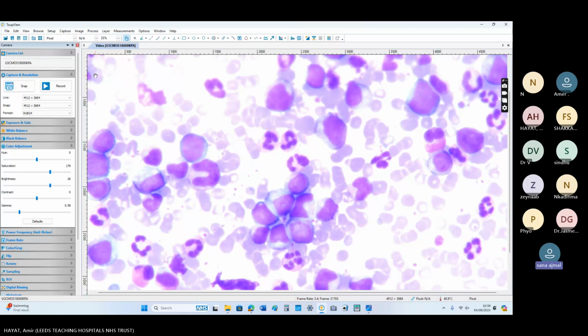I will offer the TKI for that, and I will tell her about the response that we will check in that patient at 3 months, 6 months, and 12 months.